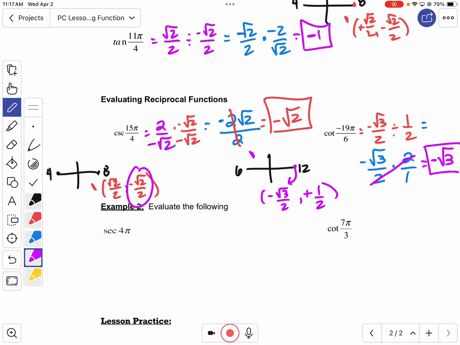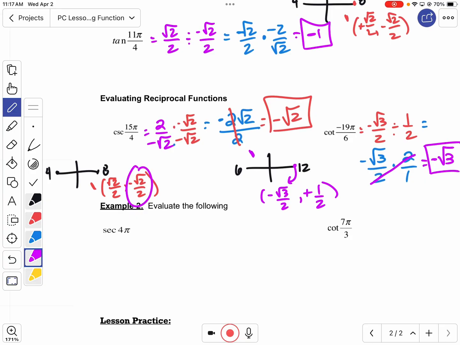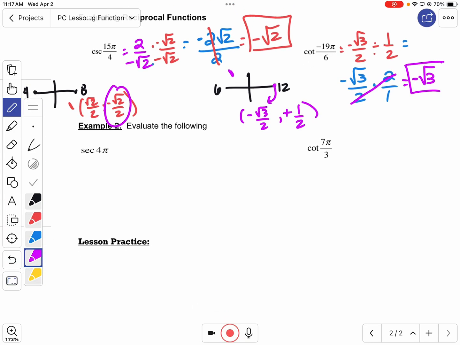Right. Let's do the secant one because we haven't done a secant. Right. Now for this one, okay, 4 pi. Plain old pi. It's an even pi, so where's it going to land? At 2 pi. It's going to land right here at 2 pi, okay? So I got pi and I got 2 pi, so it's going to land right there.